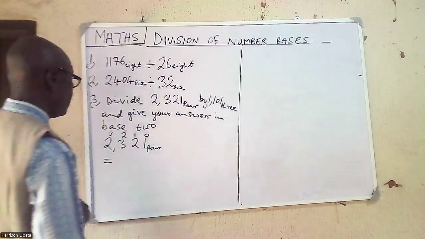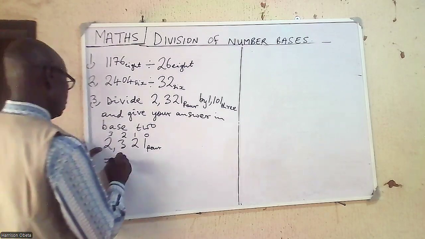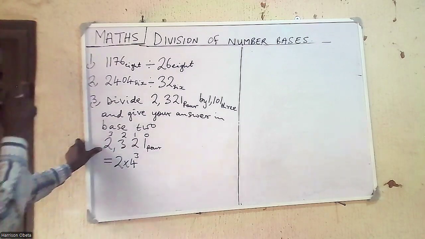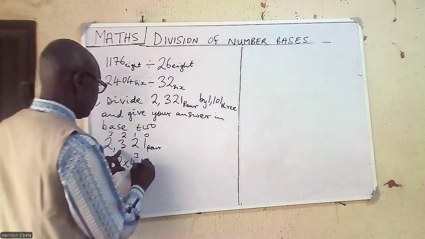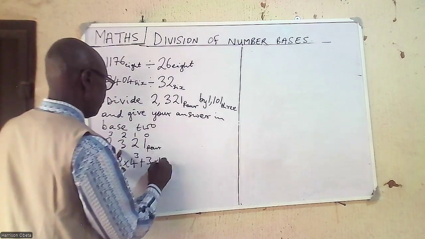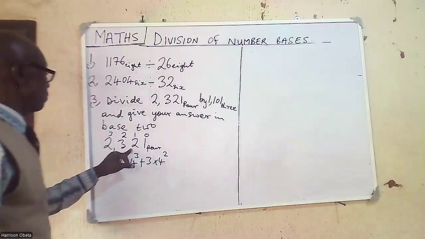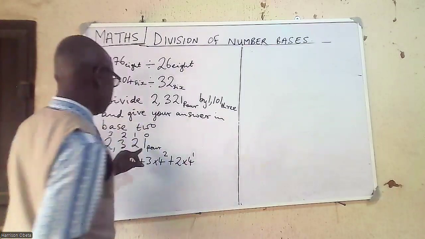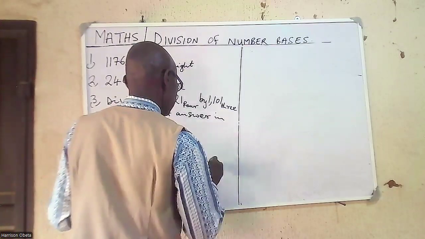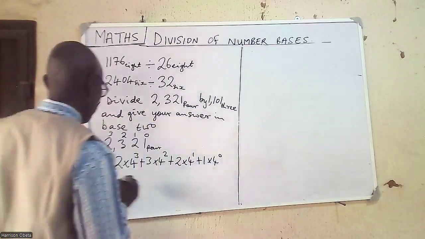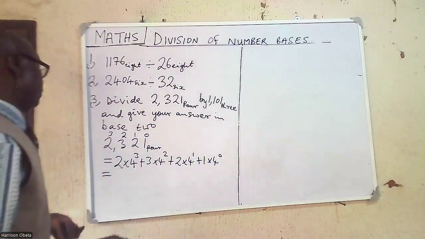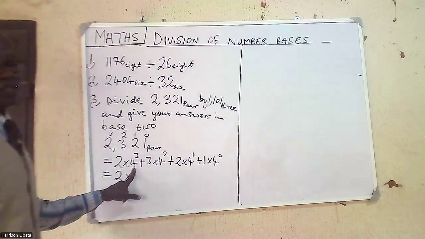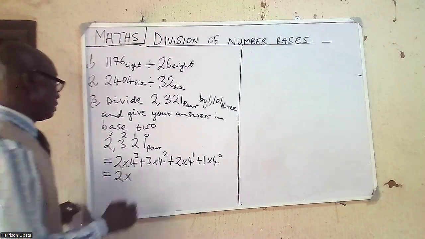And that is the same thing as 2 times 4 raised to 3, plus 3 times 4 raised to 2, plus 2 times 4 raised to 1, plus 1 times 4 raised to 0. And in continuation, we have 2 times 4 times 4 is 16, times 4 is 64.